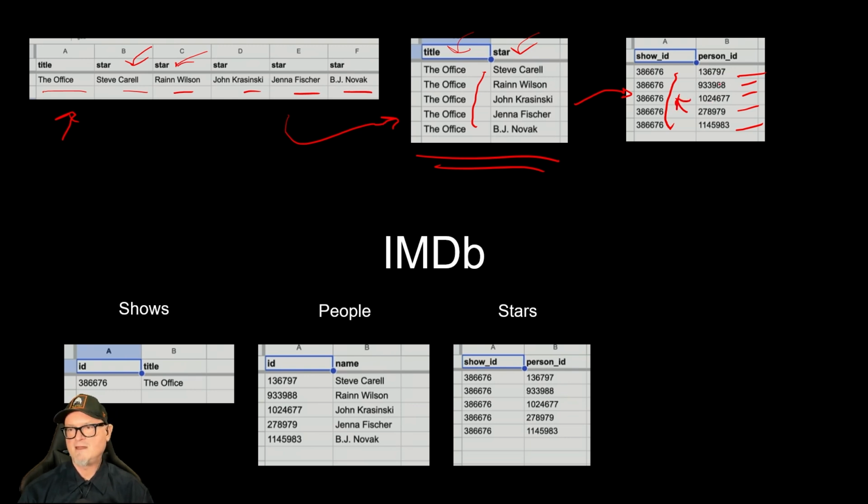And an interesting thing that we could do that would reduce some of the redundancy would be that if maybe we had a table that was just shows that listed the ID, index, and then the label for it, and another table that was people with individual IDs and the name for it.